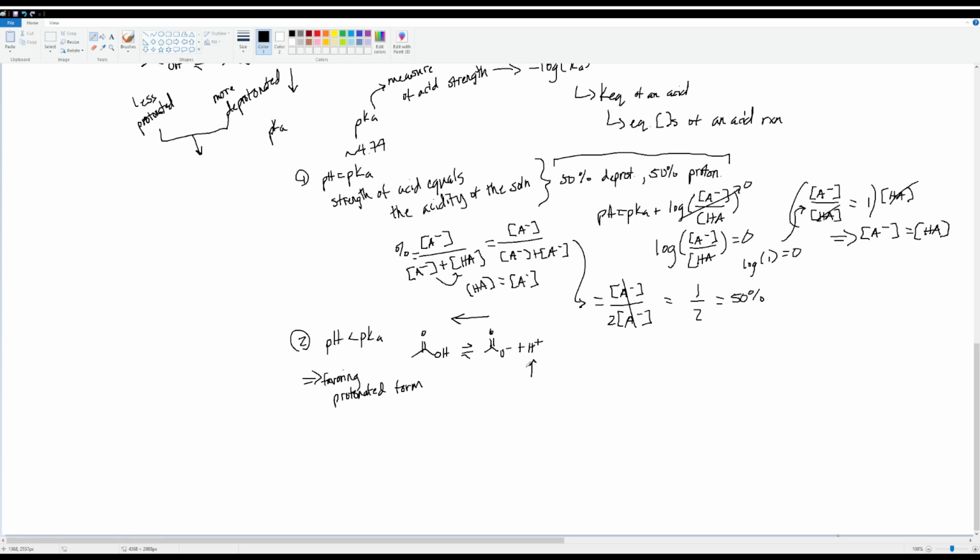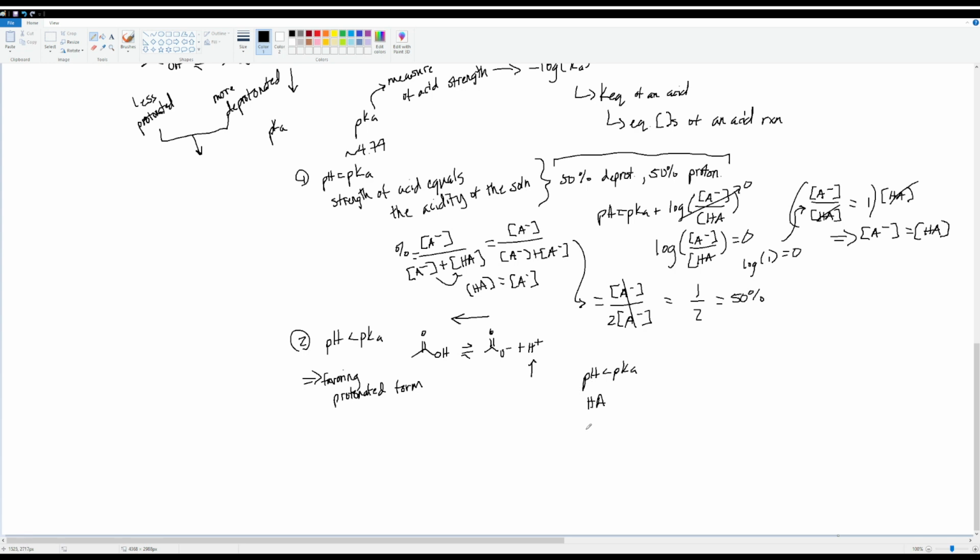But in terms of what we need to know, when pH is less than the pKa, we're increasing the H plus concentration, so we're going to shift the reaction to favor the protonated form of our functional group. Now, I'm going to write HA, but I also want to recognize that HA is not the only protonated form we have.